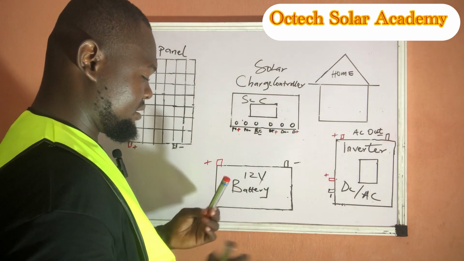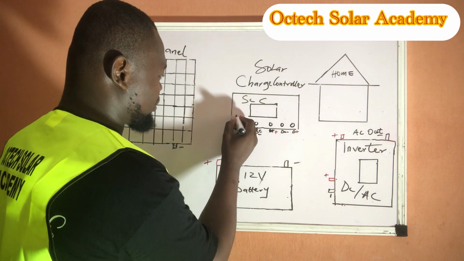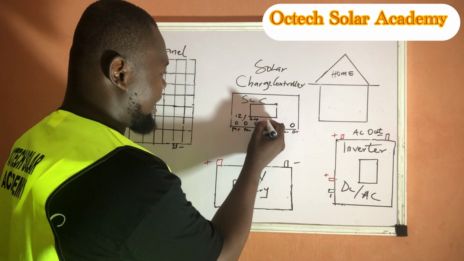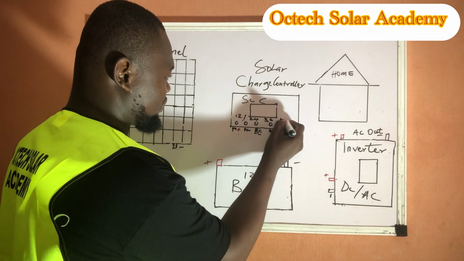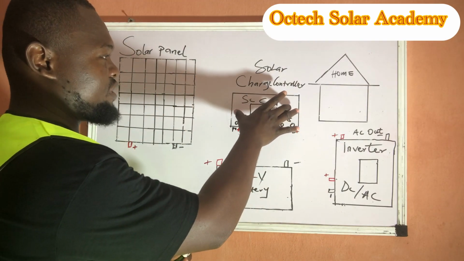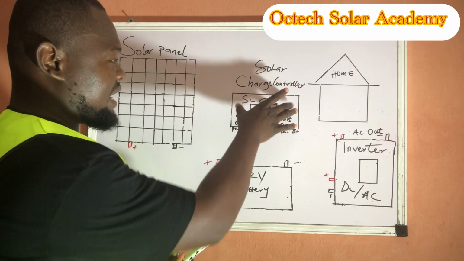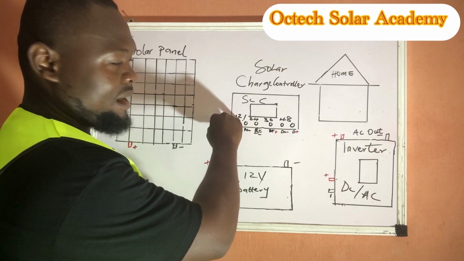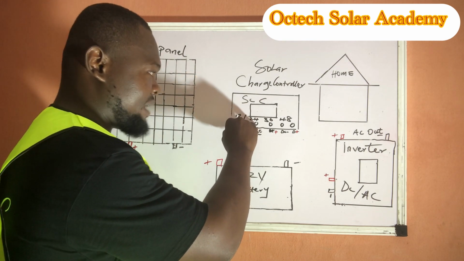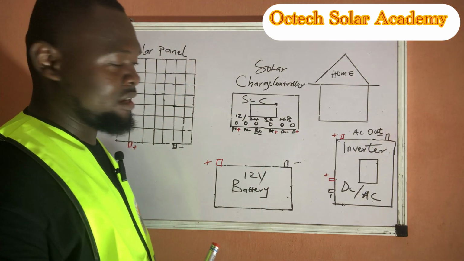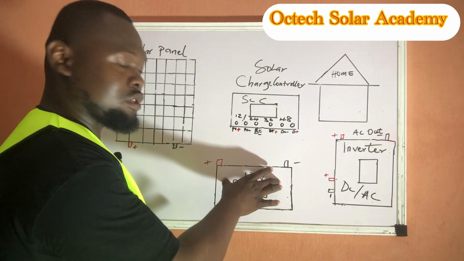Remember, we have voltage specifications: 12 volts, 24 volts, 36, 48. These are the voltage specifications of this particular charge controller, meaning that it can work with a 12 volt battery bank, 24 volt, 36 volt, and 48 volt battery bank. What we are using is just a 12 volt battery bank.